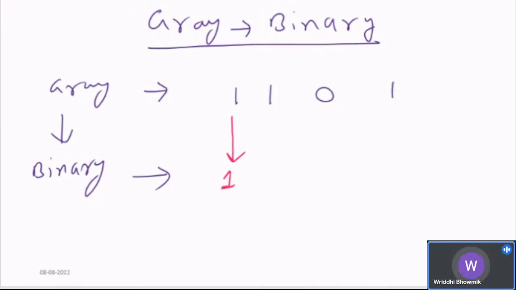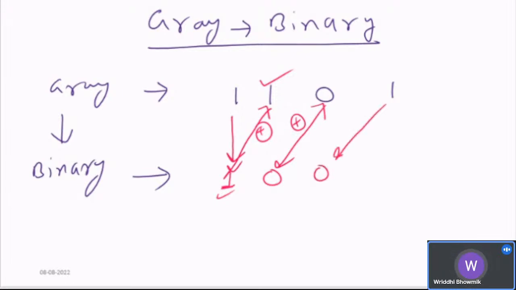And then you have to do exclusive OR of this and this: 1 exclusive OR 1, so you will have 0. Then you do exclusive OR of these two: 0 exclusive OR 0 means 0. And again the exclusive OR of 1 and 0 gives you 1. So 1 0 0 1.